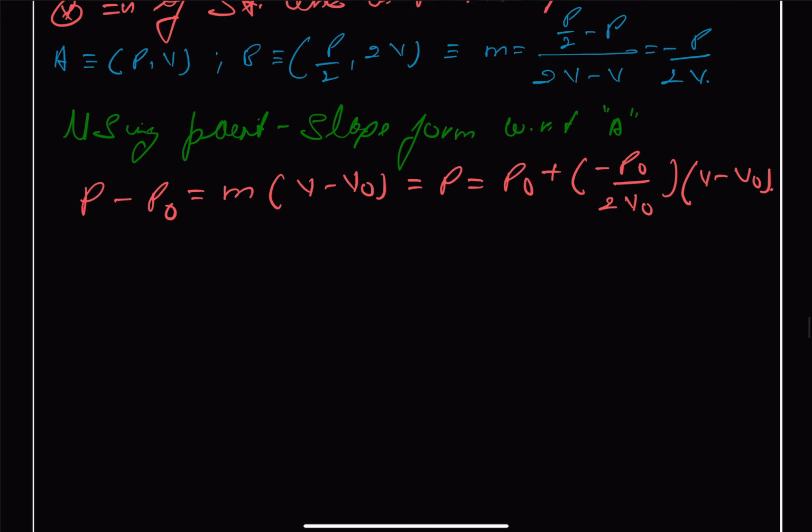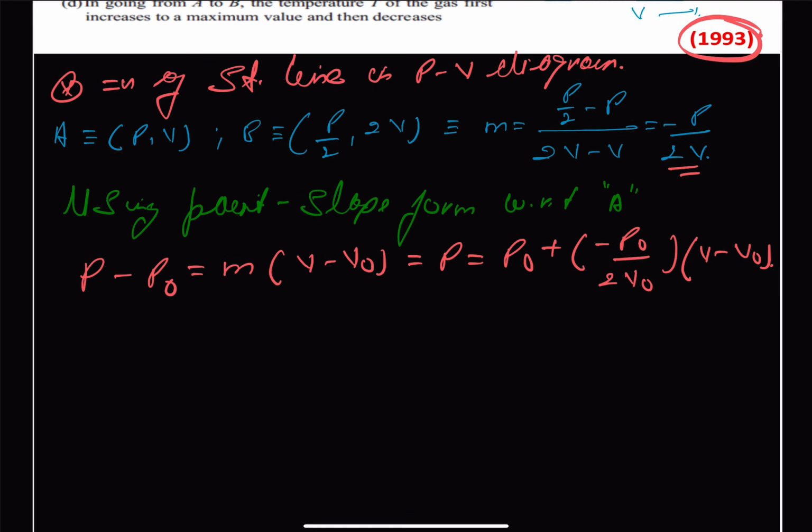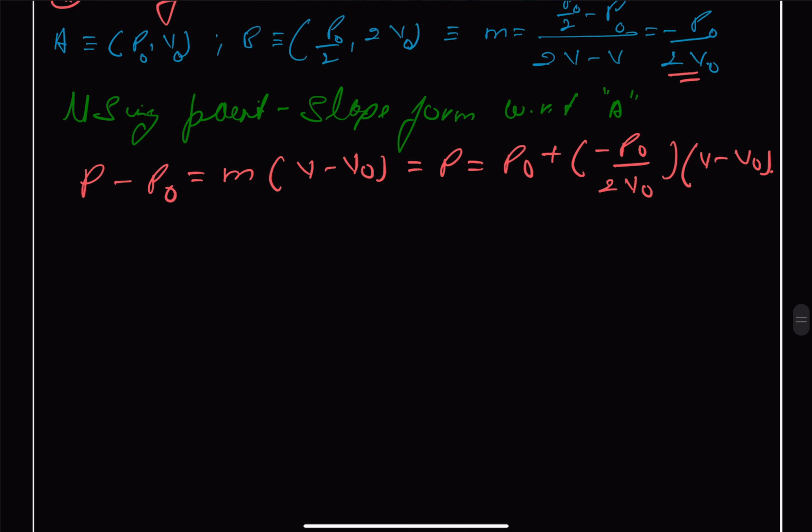We just converted this into the form of V naught, and for that let me correct it here also. This is V naught, this is V naught by 2, and this comes twice of P naught. Pressure is P naught, just in order to differentiate. Rest of the things are going to follow itself.